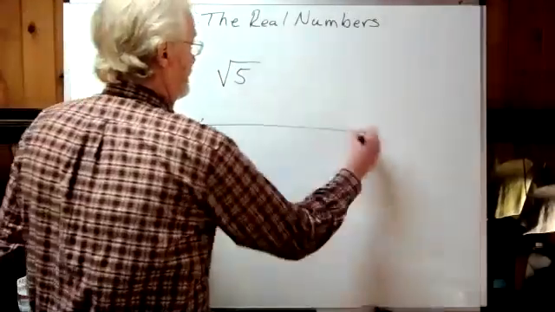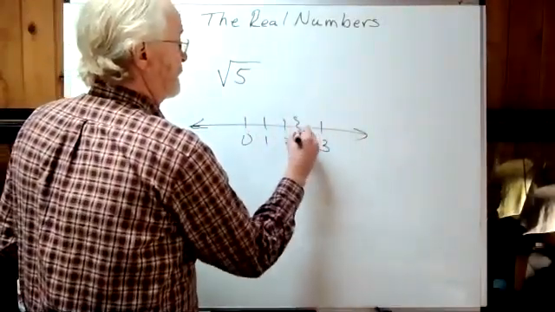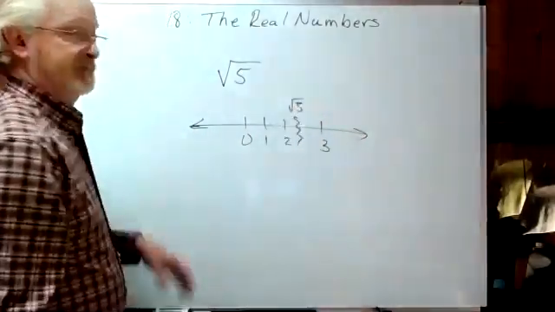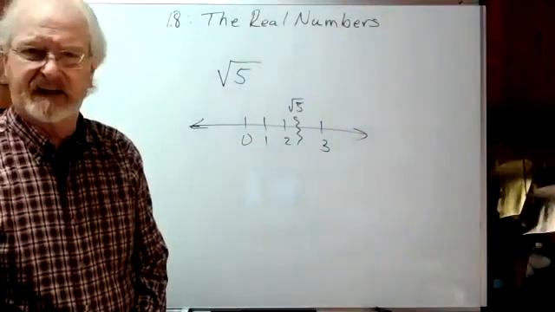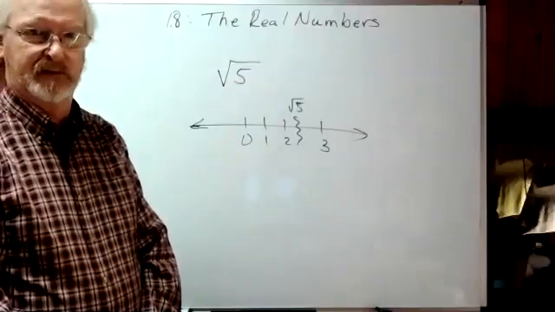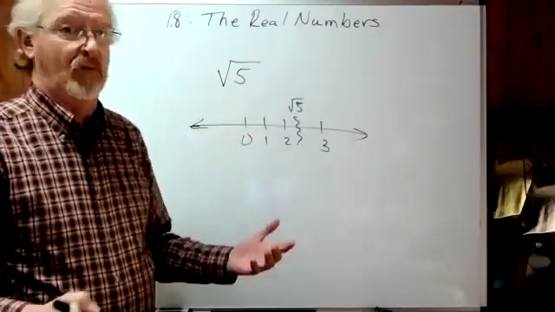It's on a number line. It's somewhere in here between 2 and 3, right? It's got a place, it lives on the number line. Just can't write any more exact version of that number. So this is the most exact notation for that concept.